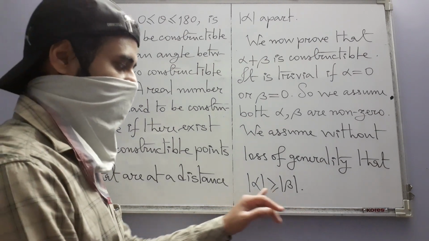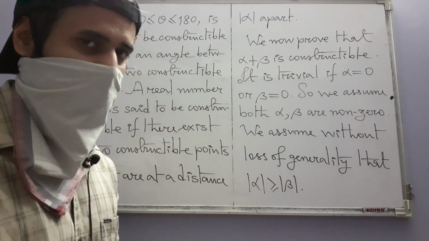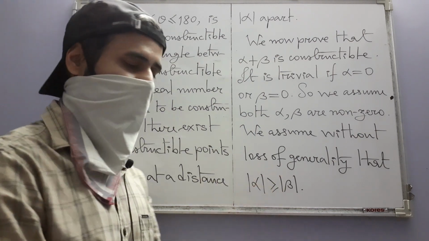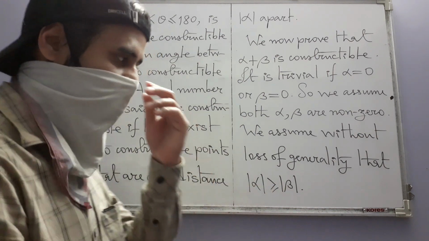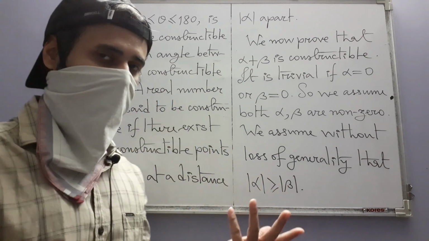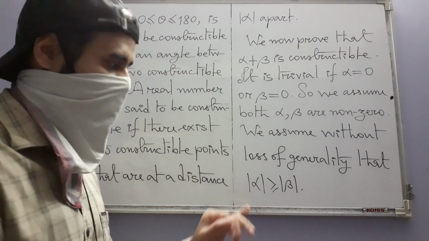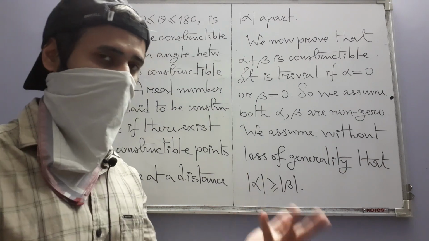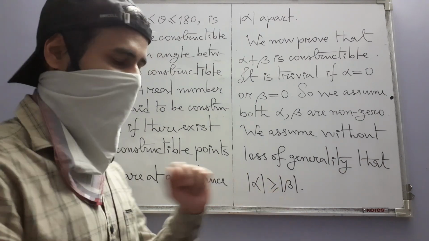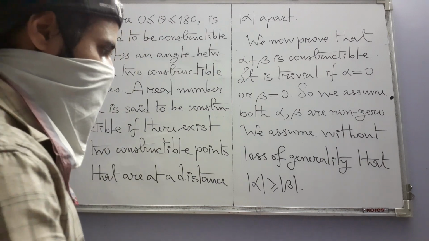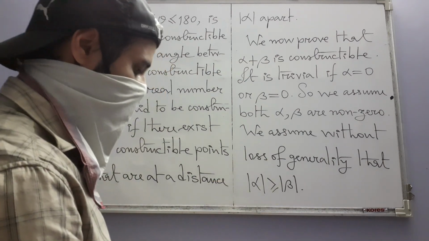I mean, in general, it will be the case that one of them will be greater than or equal to the other. Equality is also a possibility, so we have allowed for that possibility, or they may be different. One may be strictly greater than the other. So this captures all the possible cases.